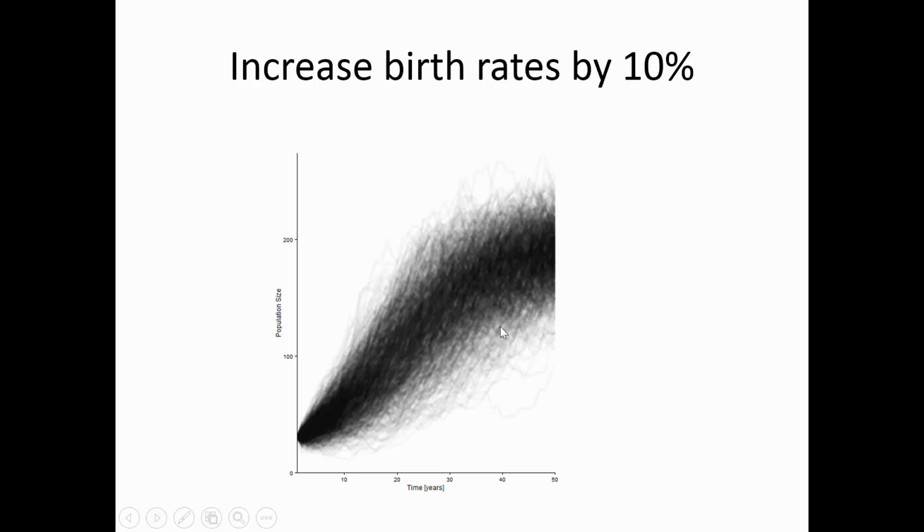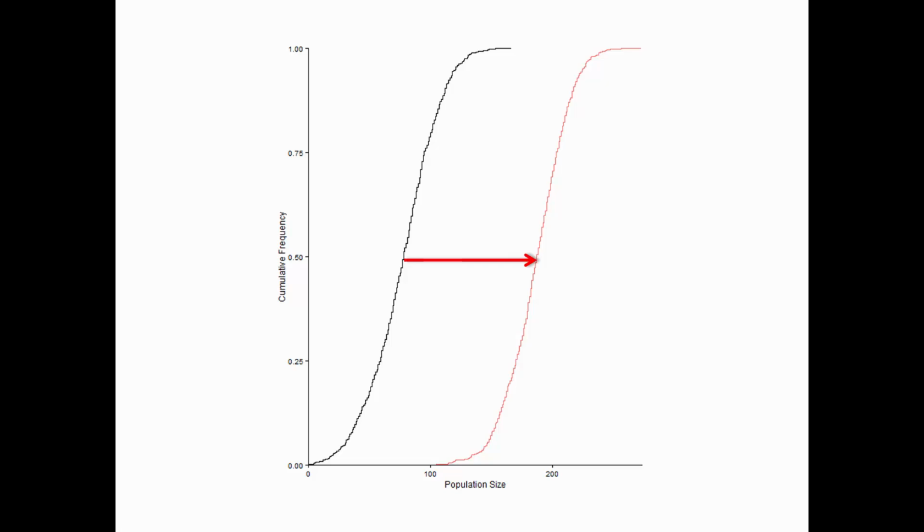And so what has effectively happened by increasing the birth rate is we've shifted our extinction risk curve, cumulative population curve, over to the right. So now this red curve indicates what we get when we have a population that has a higher birth rate.